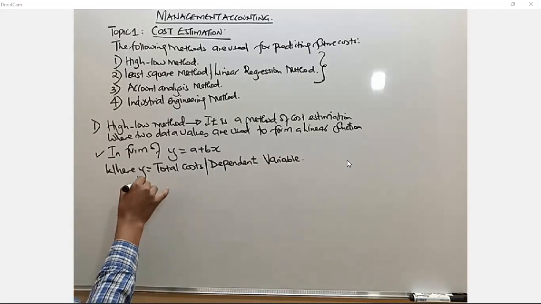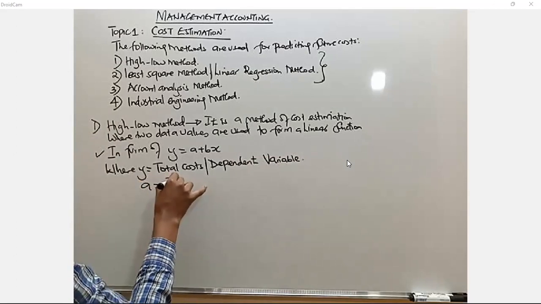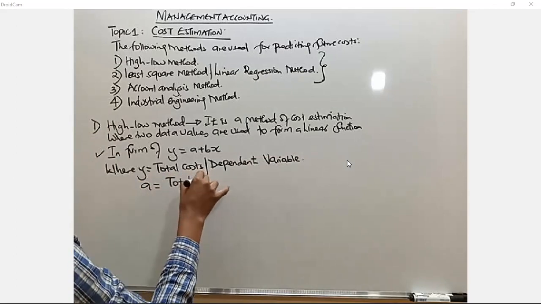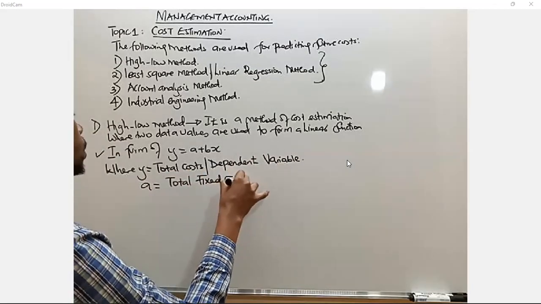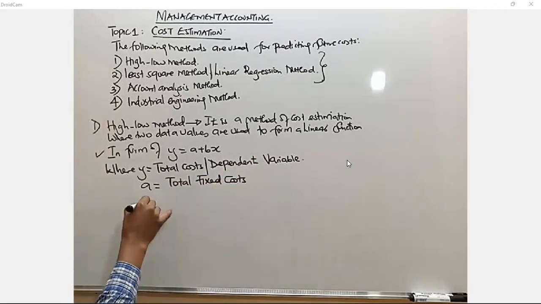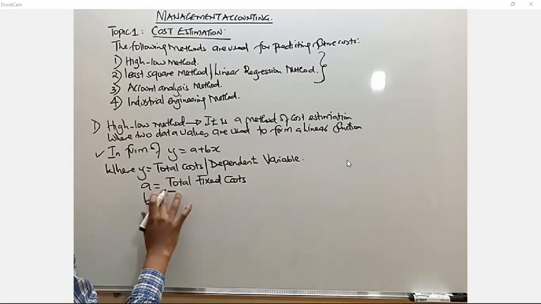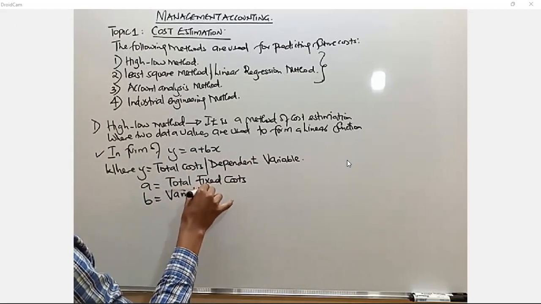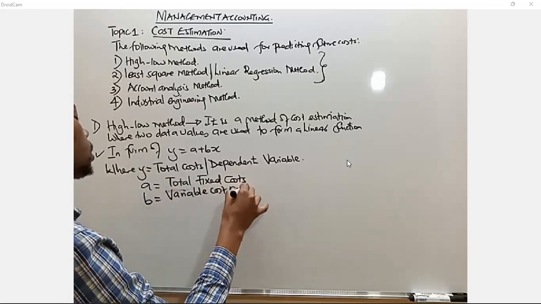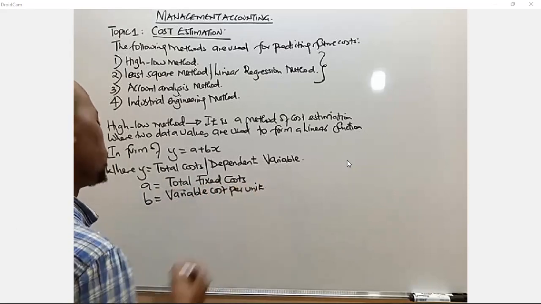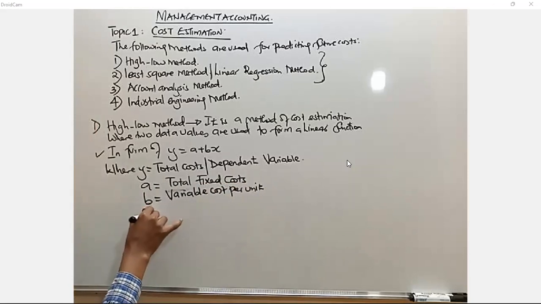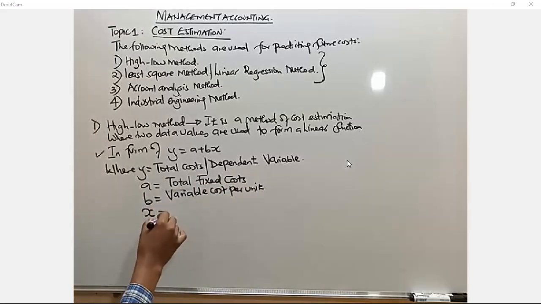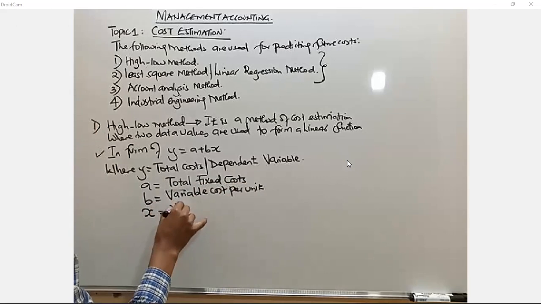Now, what is our a? Our a is the total fixed cost. We have our b, which is the variable cost per unit. Then we have our x. This is normally the number of units produced.